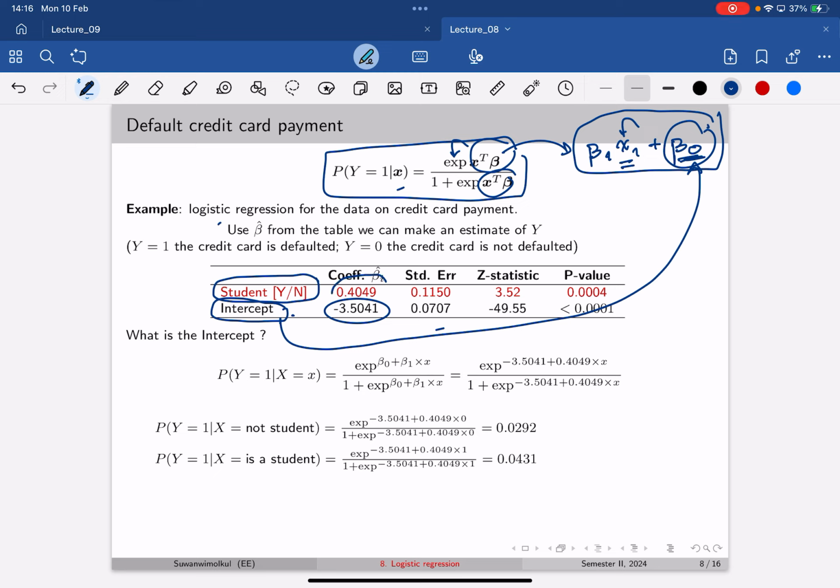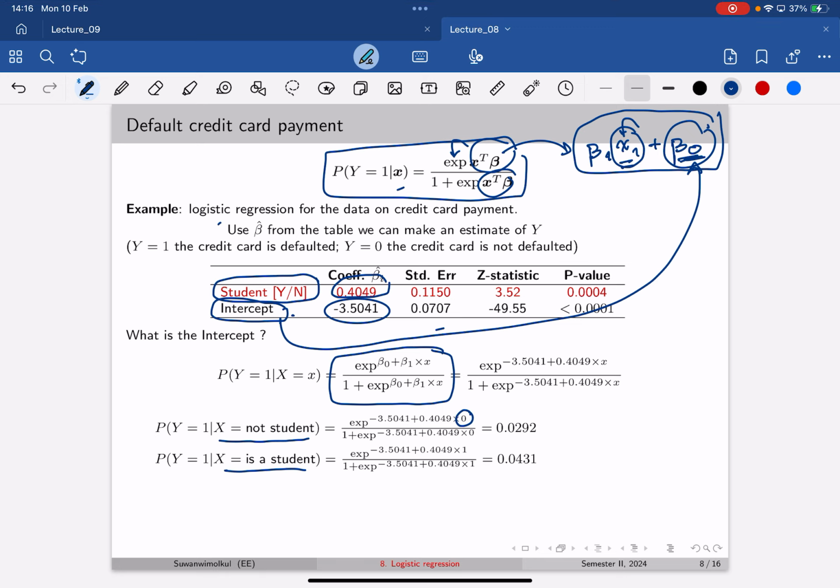But if our coefficient that corresponds to the input x is a positive value, it's kind of like dragging to the opposite direction. That means that if you are a student, then likely your credit card will be canceled. So if we plug everything into this mapping function, we can see that if x is non-student, this value will be 0.